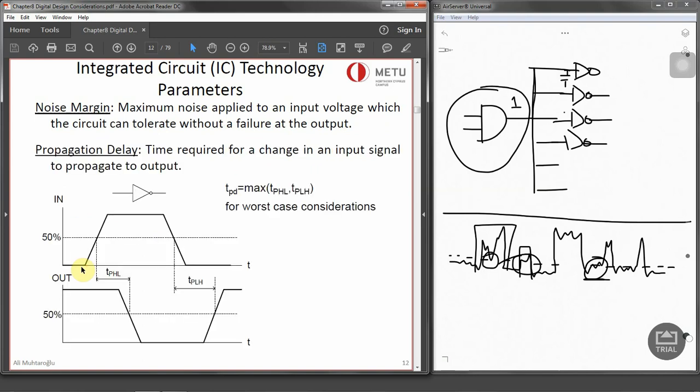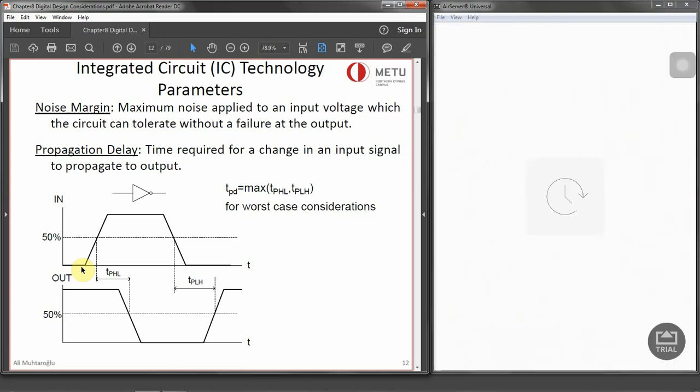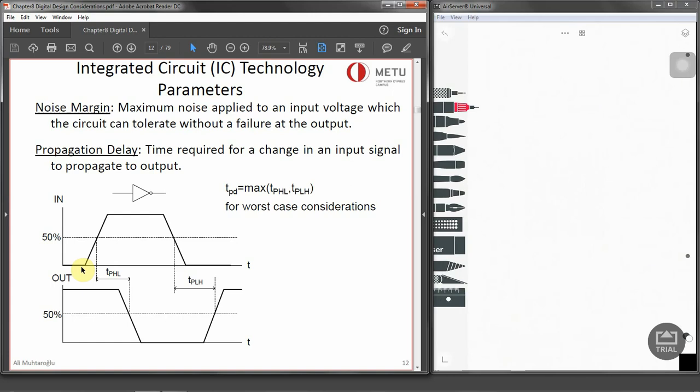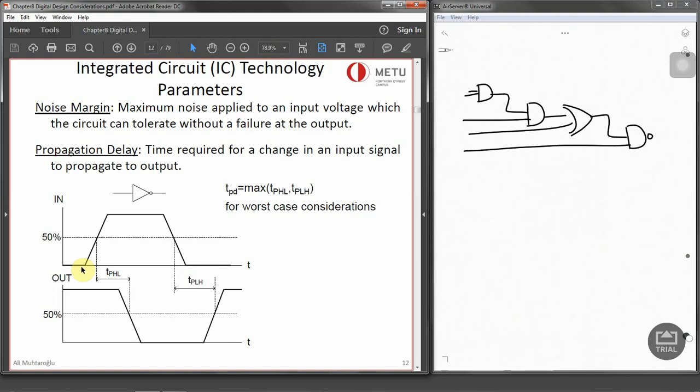Then another important metric is the propagation delay. Propagation delay is when you have an input on a multi-level circuitry. If you talk about a typical combinational circuit, let's say I have an AND gate, then another AND gate, then an OR gate, and then a NAND gate. Each of these gates has its own gate delay.